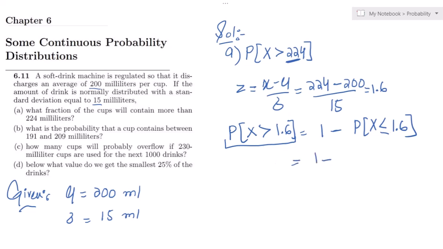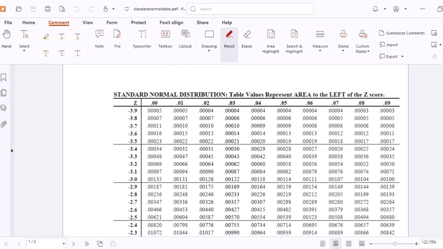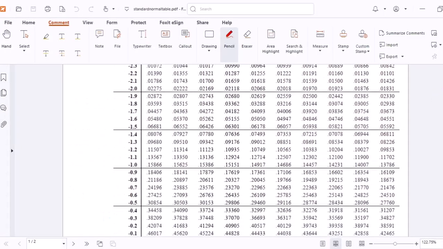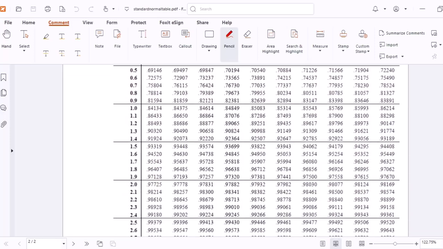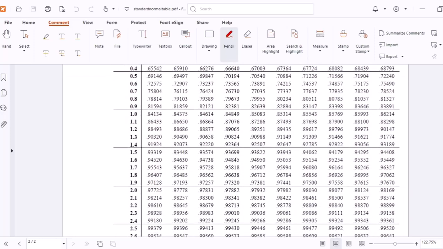Let me move to the z table. The value 1.6 is in the first column, 1.60, and the value we have is 0.9452.